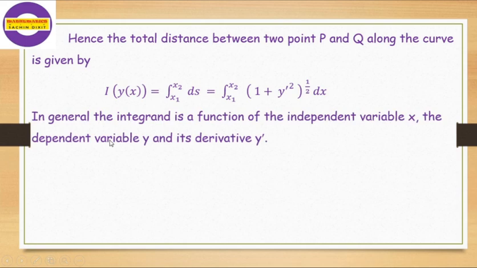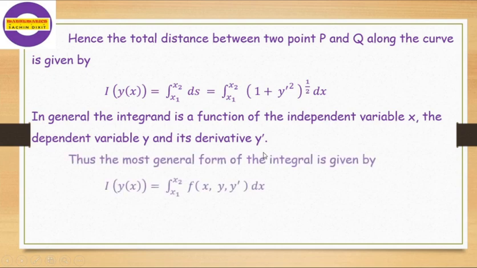In general, the integrand is a function of the independent variable x, the dependent variable y, and its derivative y dash. That means this integrand is a function of three terms: independent variable x, dependent variable y, and its derivative y dash.